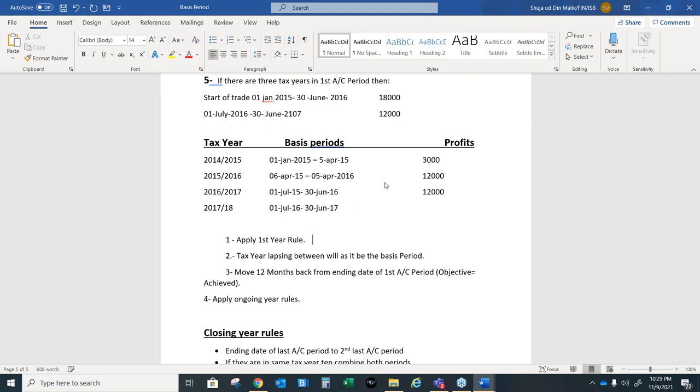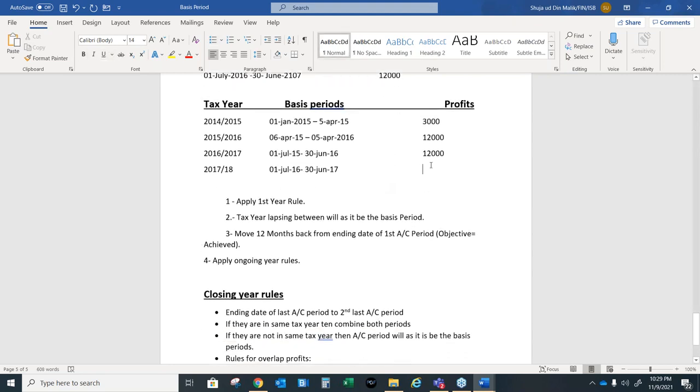And the resultant profits will be 12,000. Can anybody tell me how much will be the overlap profits in this case?